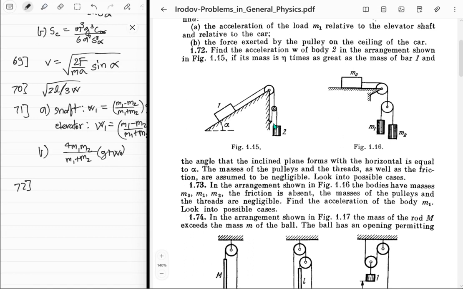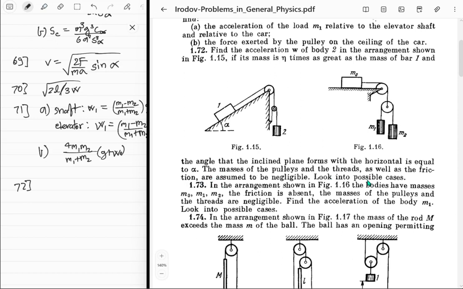Okay, find the acceleration of the body. There's a pulley right there. The angle alpha that the inclined plane forms with the horizontal is equal to alpha. The masses of the pulleys and threads as well as friction are assumed to be negligible. So this is just smooth, right?